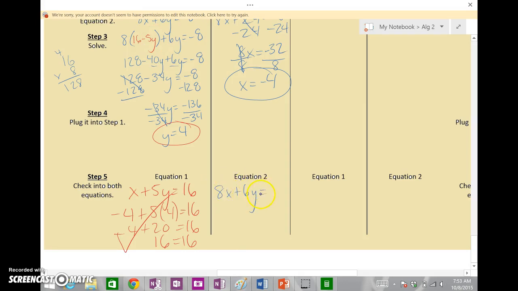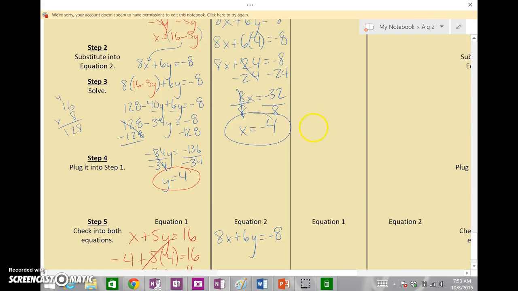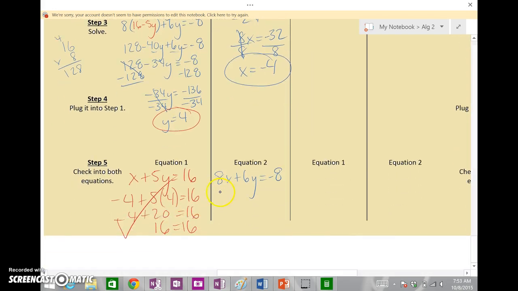So let's write the other one. 8x plus 6y equals negative 8. Let me just double check and make sure I wrote that right. Alright, and then plug in those same values. 8 times x, which is negative 4, plus 6 times the y value, which is 4, equals negative 8. So 8 times negative 4 is negative 32, plus 6 times 4, which is 24, and then equals negative 8.